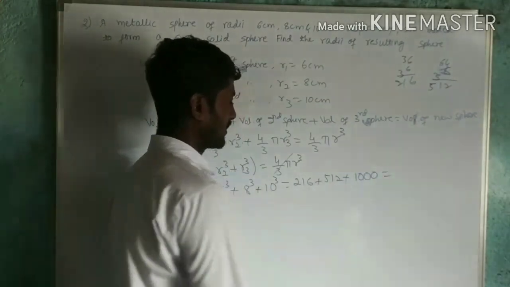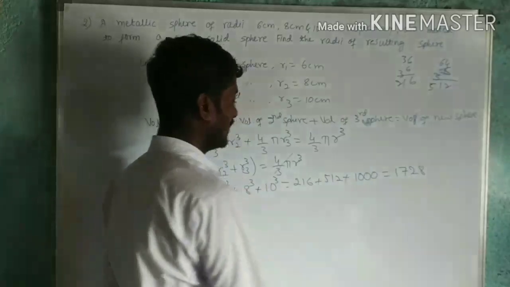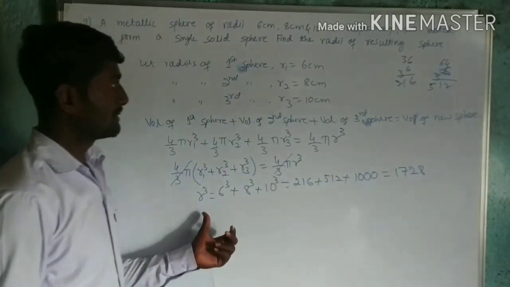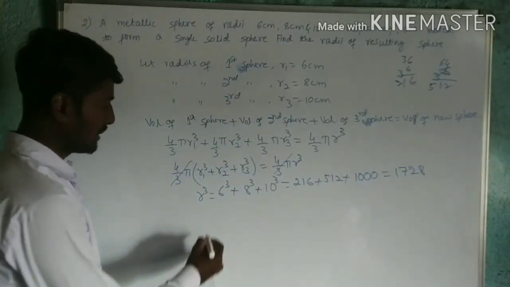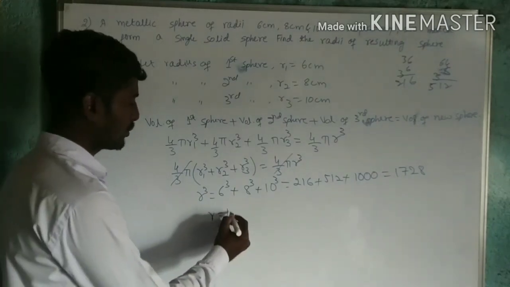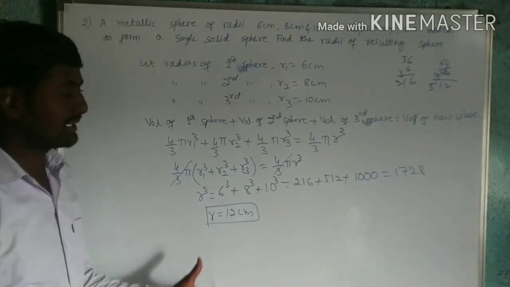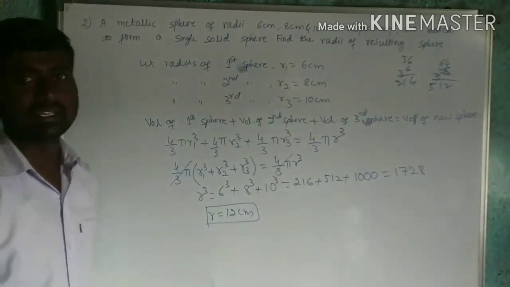So the total is 1728. So R cube is 1728, but I want R, which means the cube root of 1728. So that is 12 centimeter. So the R value is 12 centimeter. That is the radius of the resulting sphere.